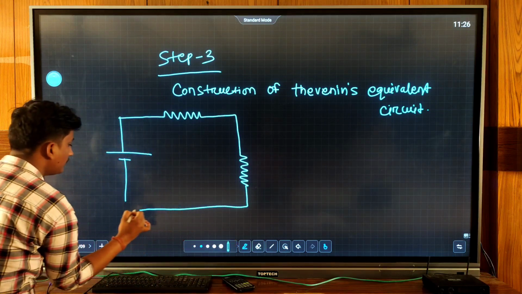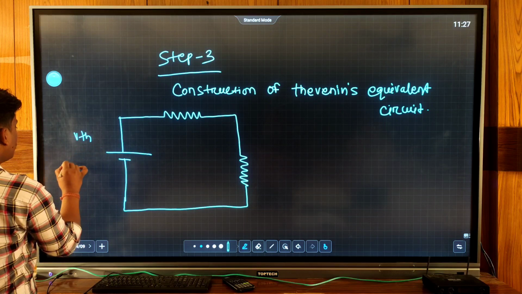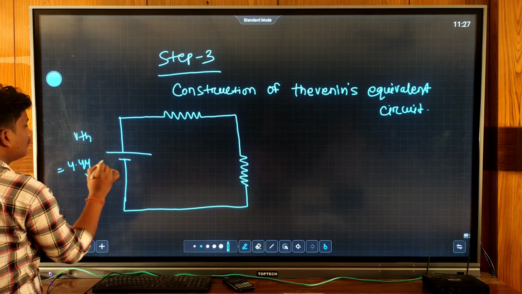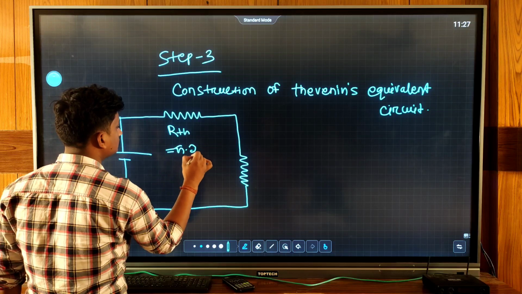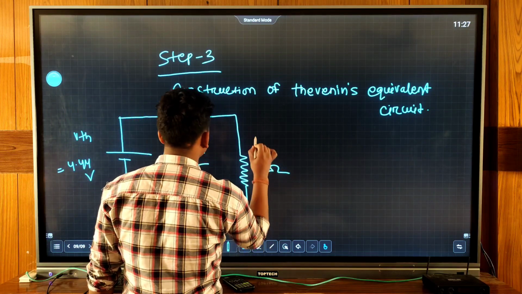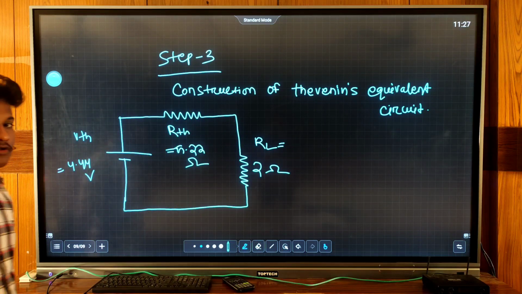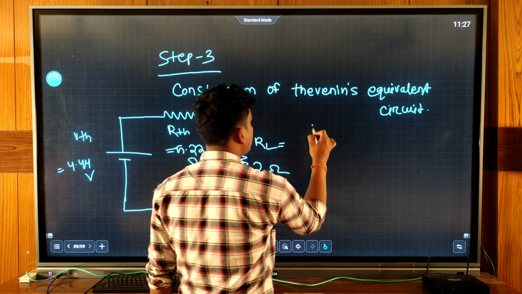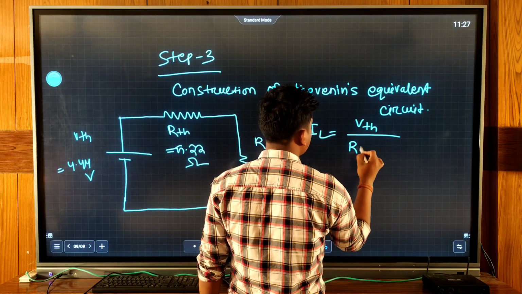Both RTH and RL will be in series with the Thevenin's voltage. So VTH is my 4.44 volt, and RTH is my 5.22 ohm, and RL is my 2 ohm. So my target is to calculate load current, that is IL. As I told before, IL will be VTH by RTH plus RL.